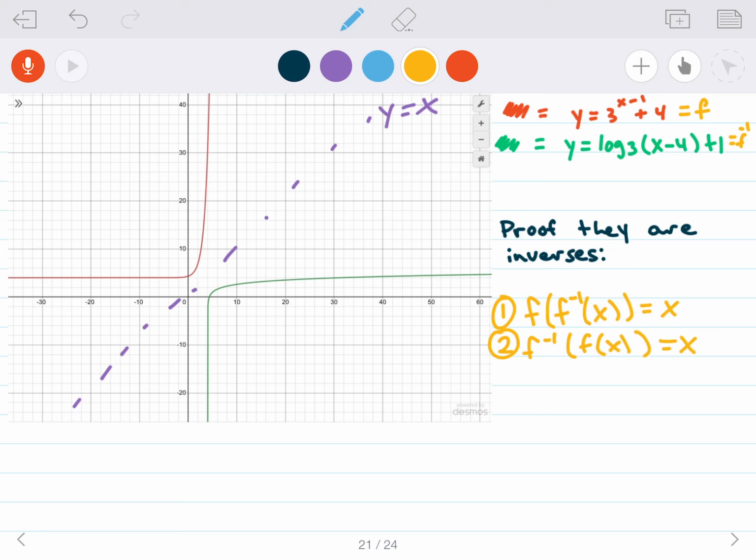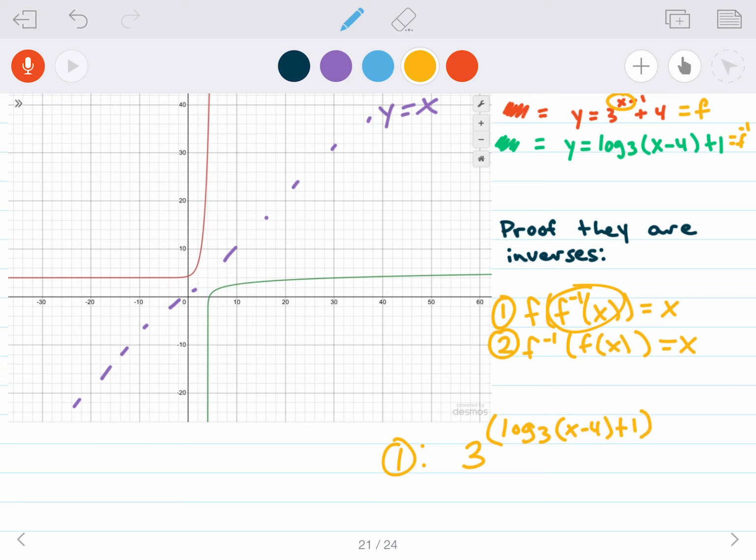Let's check the first one. We're plugging f inverse into the x value of f. So we're doing 3 to the all of this: f inverse, log base 3 of x minus 4, plus 1, all of this.